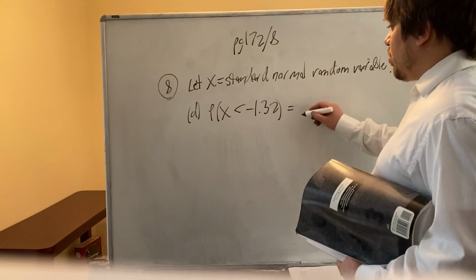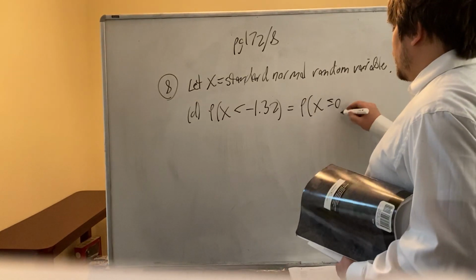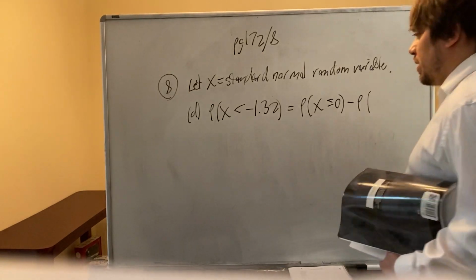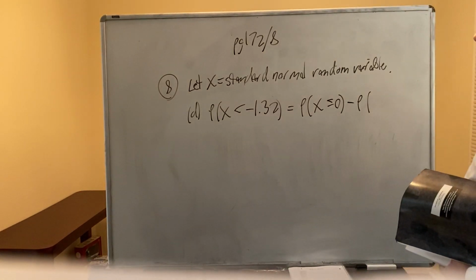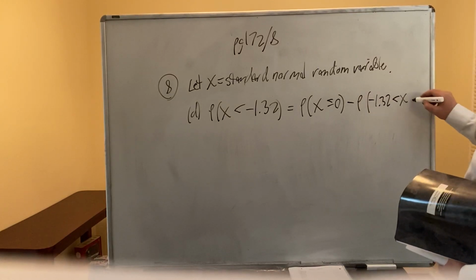All right, so this is equal to the probability that X is less than or equal to 0 minus the probability that negative 1.32 is less than X, less than 0.